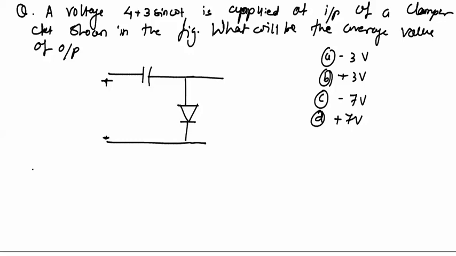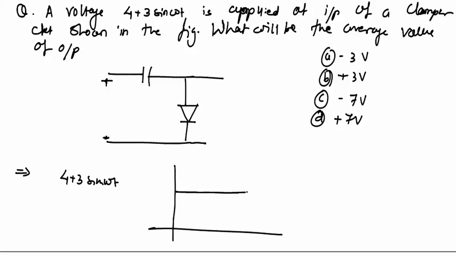So the input waveform is 4 plus 3 sine omega t. For this, we will draw its waveform. The DC level for this is 4 volt, and on it a 3 sine omega t is superimposed. So this will be 4 plus 3 equal to 7.